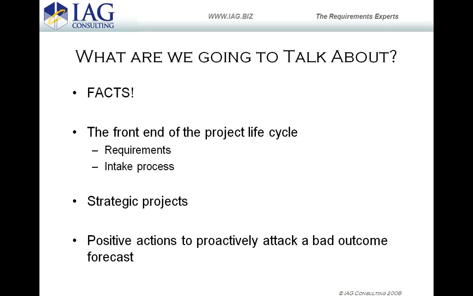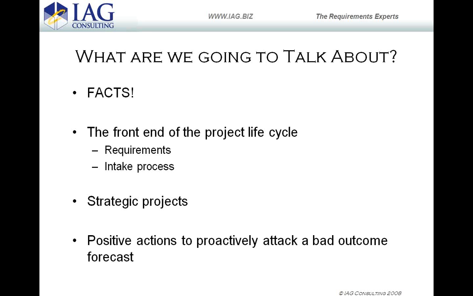It is better to do the review earlier in the cycle and catch things before they are obviously going off the rails. If you're looking at it that early in the cycle, you're really looking at the requirement cycle or the intake process. That's where you can take corrective action and bring the project back online.